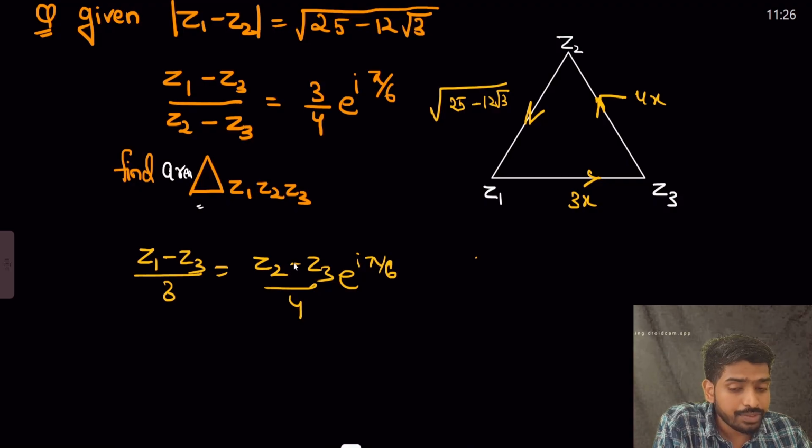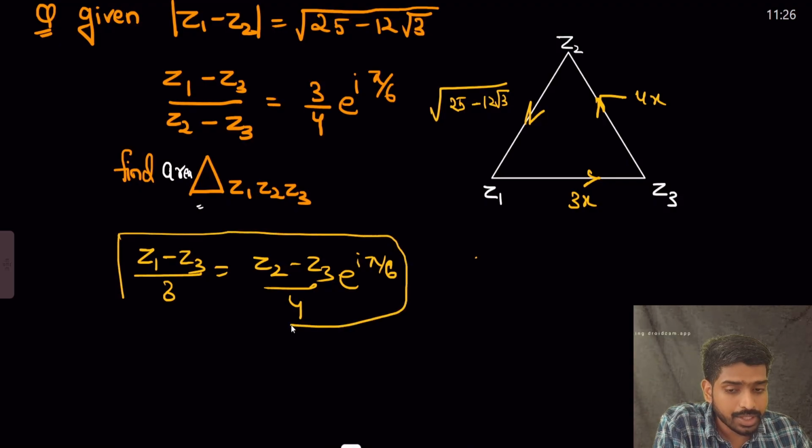That means we can compare this with the rotation theorem, right? We studied it in complex numbers. So Z2 minus Z3 is multiplied by e to the power iota pi by 6 to get Z1 minus Z3. That means if we rotate this vector, this side of the triangle, by an angle of 30 degrees in the anti-clockwise direction, we'll get this vector.